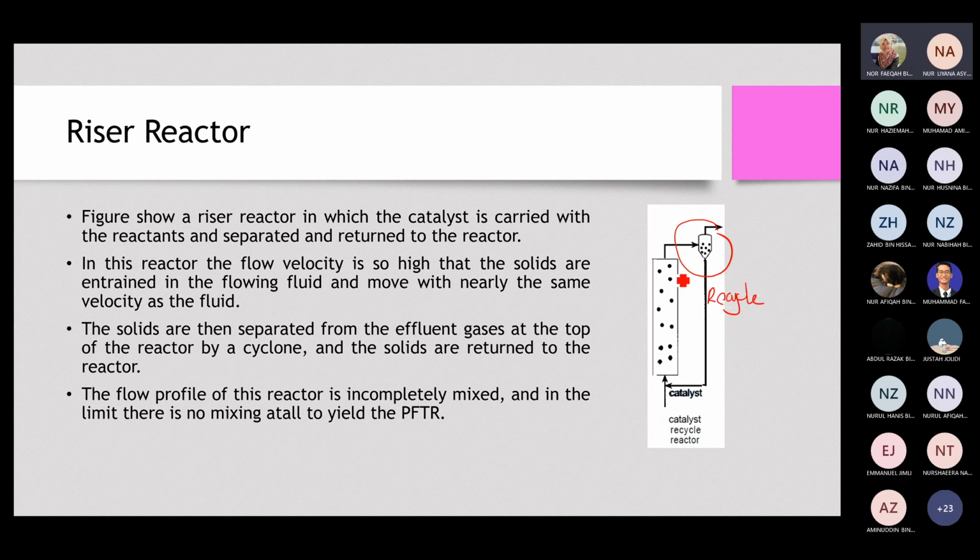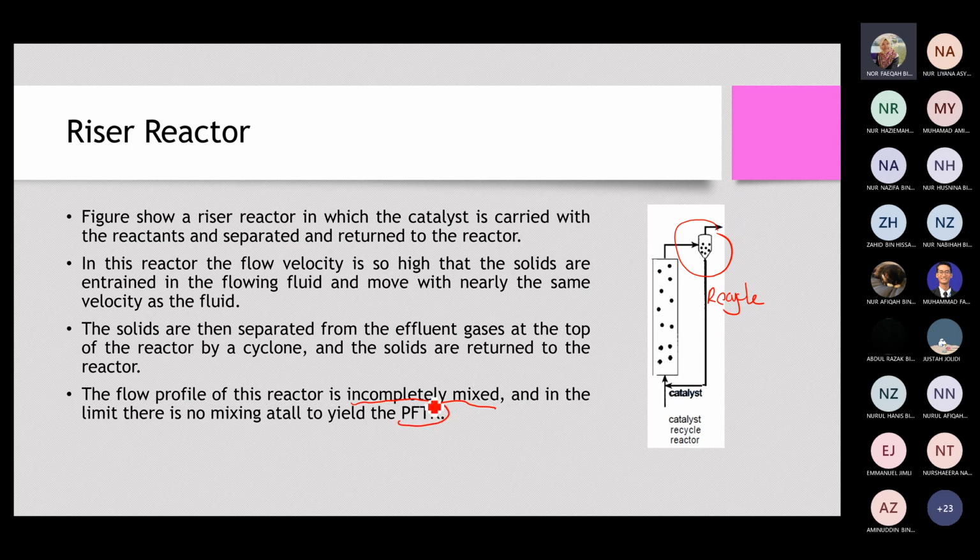That's why there is recycle here, recycle of catalyst. The flow profile of this reactor is incompletely mixed. And in the limit, there is no mixing at all, and you can model the reactor as a PFR.